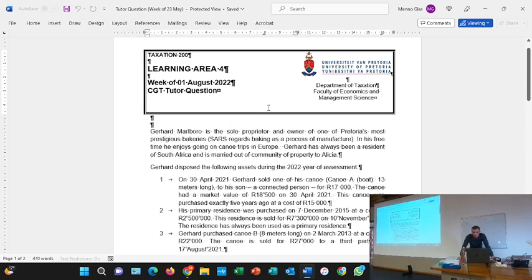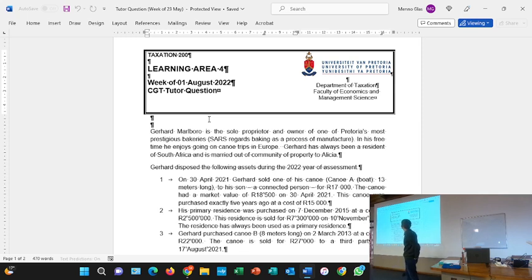Gerard is the sole proprietor and owner of one of Pretoria's most prestigious bakeries. SARS regards baking as a process of manufacture. So out of the first sentence, what triggers do you see for capital gains tax?